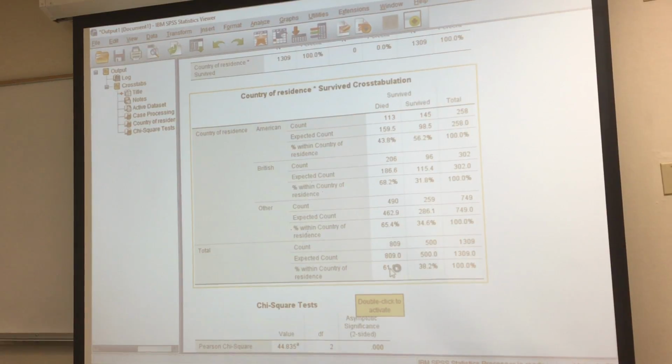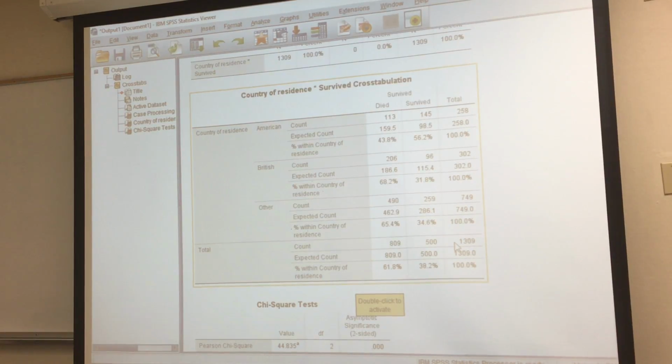It means this number is divided by this number, so the number of people who died is divided by the total number of people. That is this percentage, 61.8%. It means that 61.8% of people died in that accident.